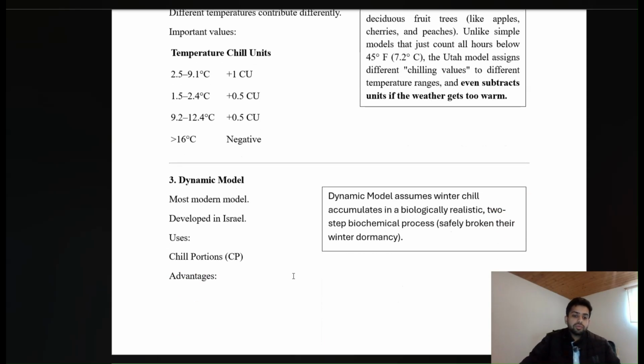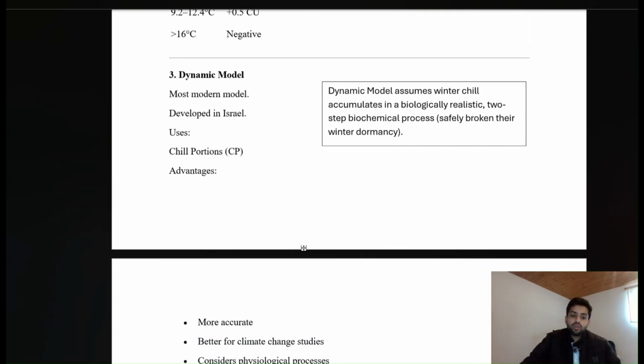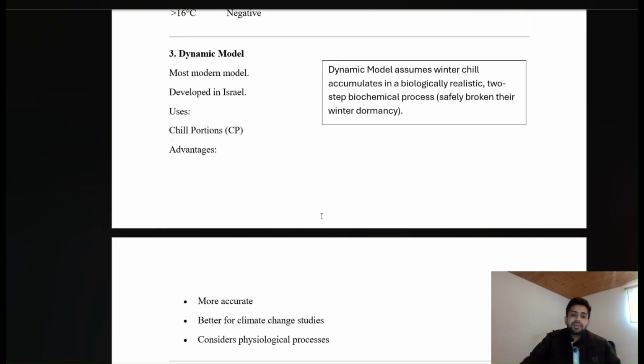But the dynamic model is quite expensive, but it is also the most modern method and was developed in Israel. It uses the chill portion, CP. The dynamic model assumes winter chill accumulates in a biologically realistic two-step biochemical process.